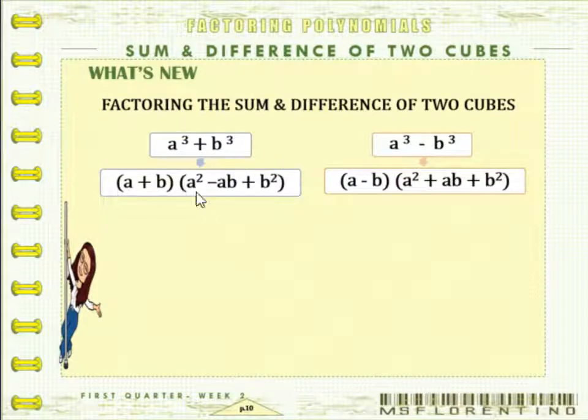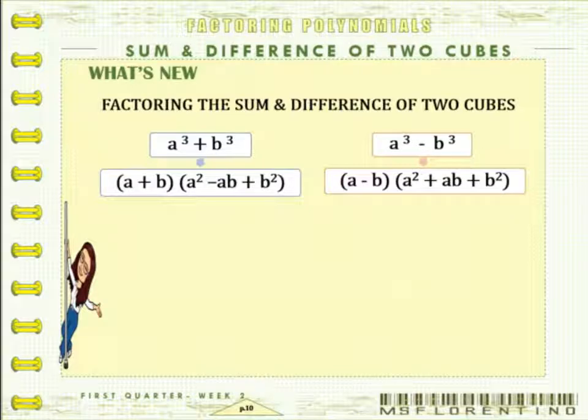To get the factor of this, we follow the pattern a plus b times the trinomial a square minus ab plus b square, or a minus b times the trinomial a square plus ab plus b square.